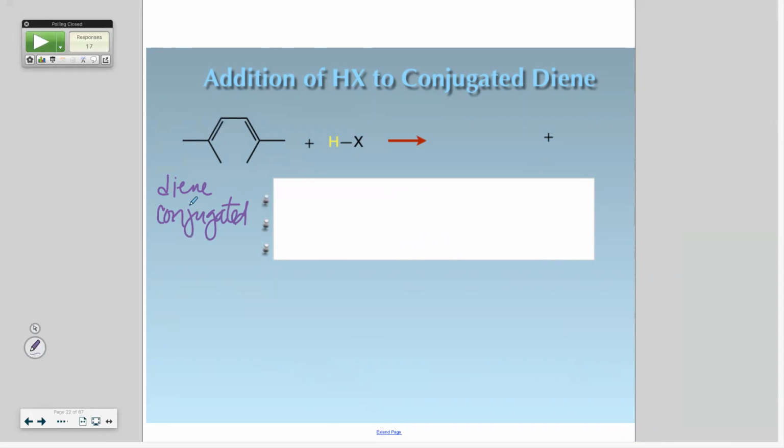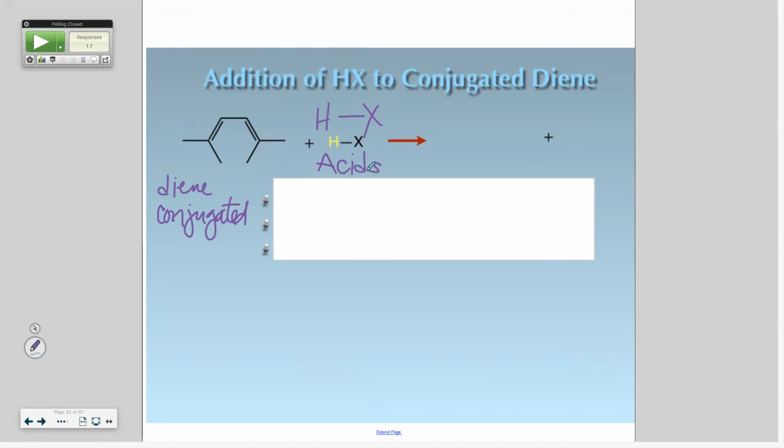So what happens when we do the reaction? Well, what does HX do? What kind of compounds are HXs? HBr, HCl. They are acids.